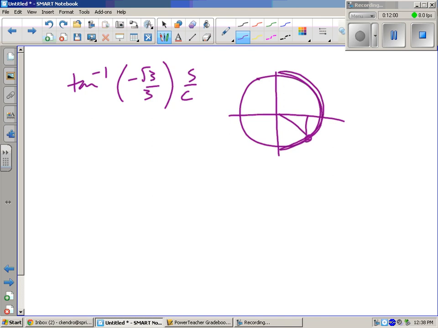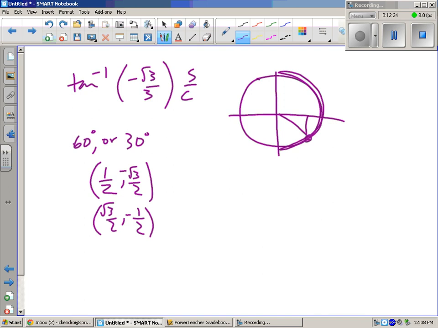I don't know exactly where, but I just like to draw the triangle to tell me what quadrant I'm in. So if it's got a root 3 in it, it probably means you're either 60 or 30 degrees. So you're 1/2 and root 3 over 2, but the cosine or sine would be negative, or your root 3 over 2, negative 1/2. So either here or here.